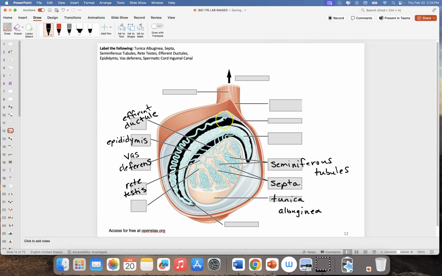And then the vas deferens, along with blood vessels, nerves, lymphatic vessels, are going to bundle together to form the spermatic cord that we see here. And this spermatic cord is going to travel up and into the inguinal canal.